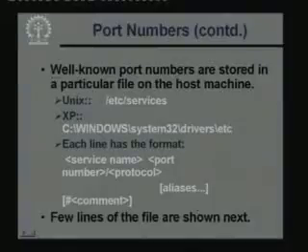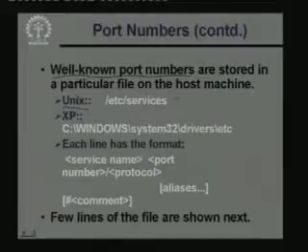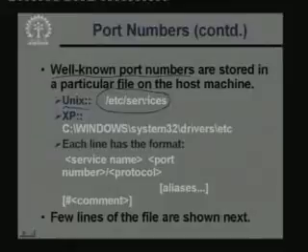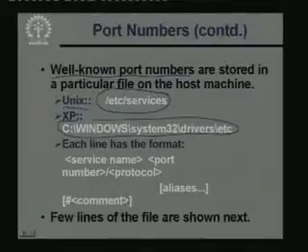These so called well known port numbers are stored in a file which on a Unix machine is stored in a directory under root, etc services. And another example, under the Windows XP environment, it is stored in a directory like this, under C Windows System32 drivers etc. In this file there are a set of lines or records.